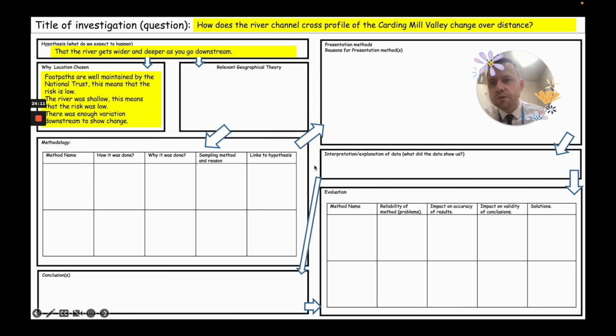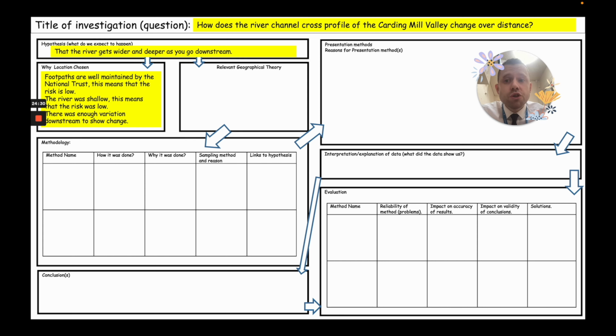So why did we choose this location? As with human, the footpaths are well maintained by the National Trust. This means the risk is low. You've got somewhere safe to walk. We needed a river to measure, so you've got to have a river, all right? You can't completely get rid of all risk. But the river was shallow, and this means that the risk was low.